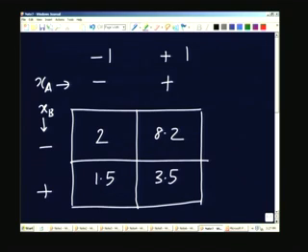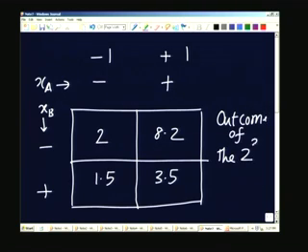This is the actual example. This is the outcome of the 4 experiments, of the 2 squared experiments. So, the outcome of the 2 squared experiments are 4 experiments, minus plus, minus plus. These are the values of the factors, these are the levels, and then these are the values 2, 8.2, 1.5, 3.5.